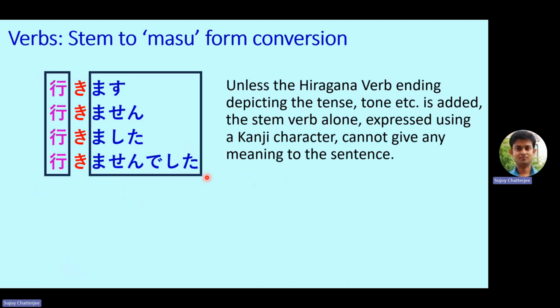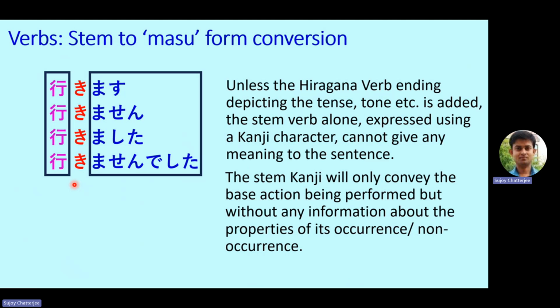What is the middle one? That is this ki. So we will come to that a little later. Before that, unless the hiragana verb ending depicting the tense, tone, etc. is added, the stem verb alone expressed using a kanji character cannot give any meaning to the sentence, as we just said.